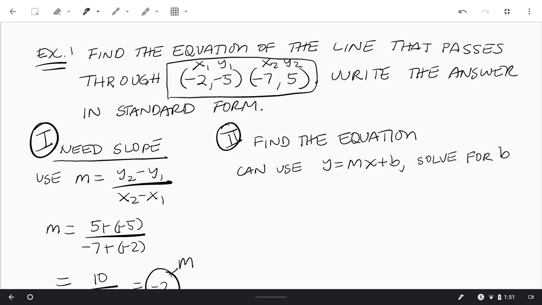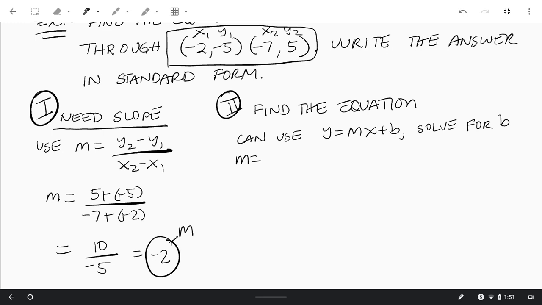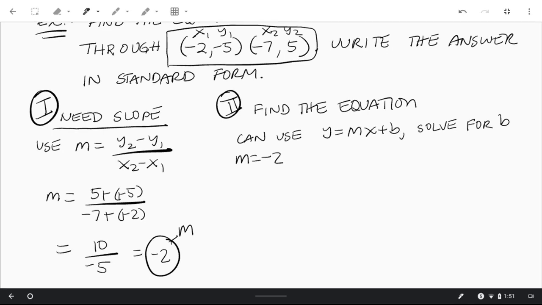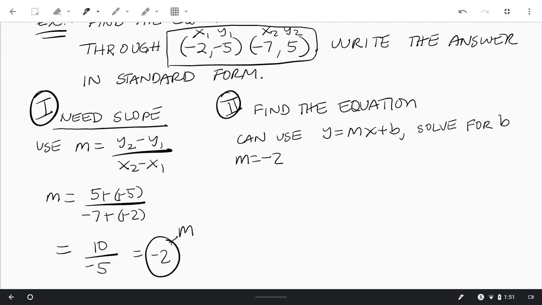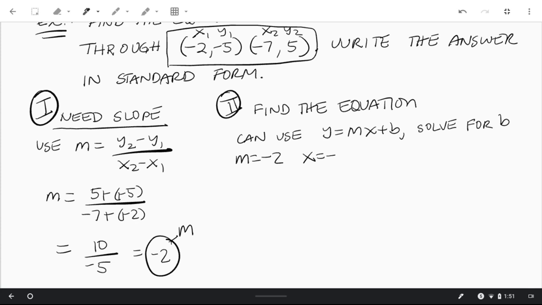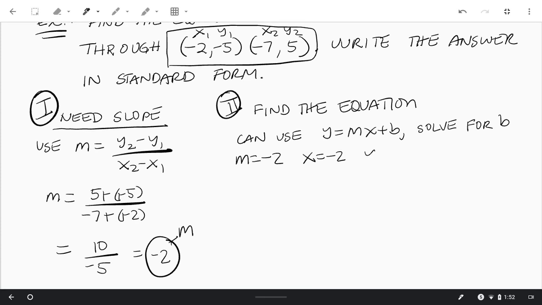So our m, we're going to be using negative 2 from down below. Let's pop that back up. So m is negative 2. For x, we're going to use negative 2 as well from up above. And for y, we are going to use negative 5.